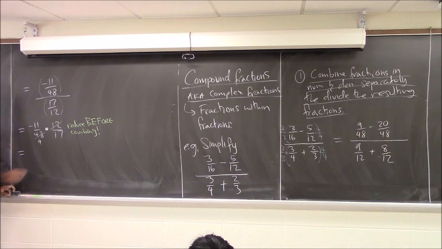So now I only have to multiply 4 by 17. 11 doesn't go into 17, 17 is prime, so now we just multiply across. This is minus 11 over 60, and so that would be the answer.